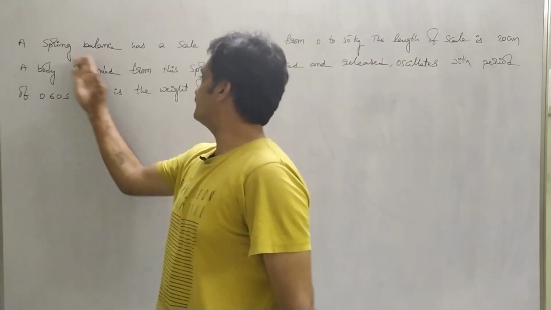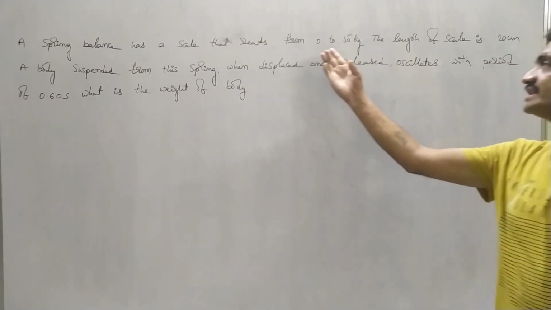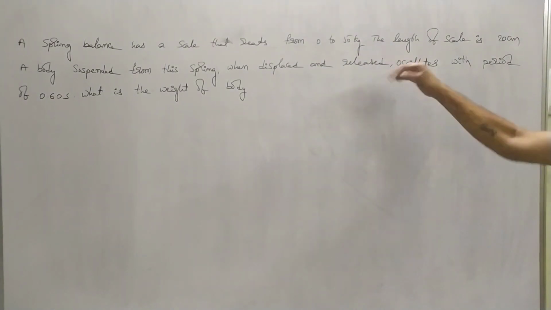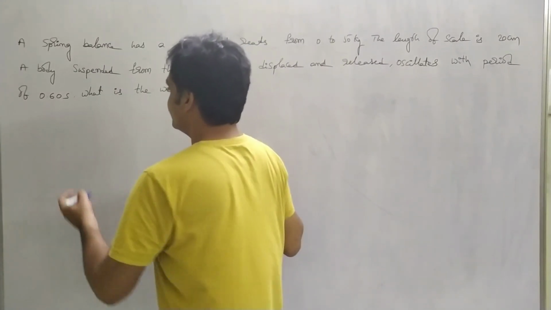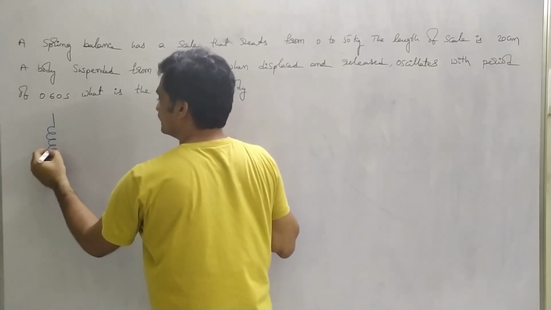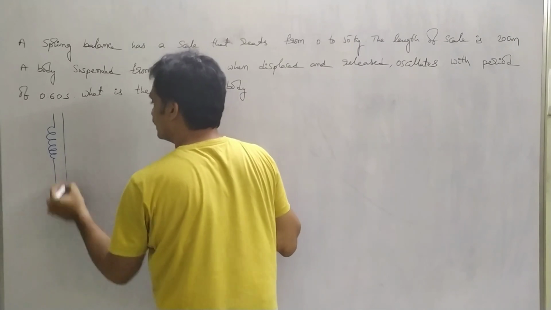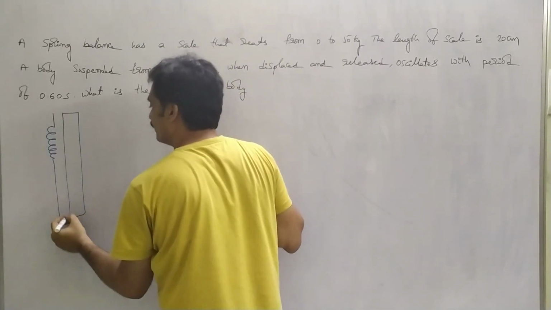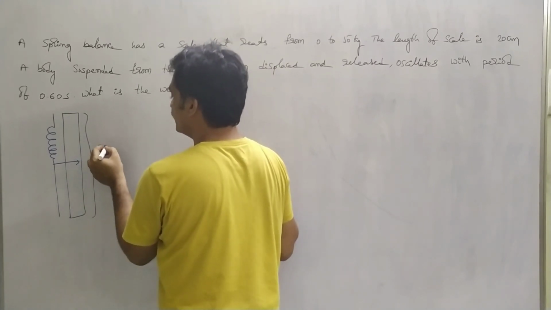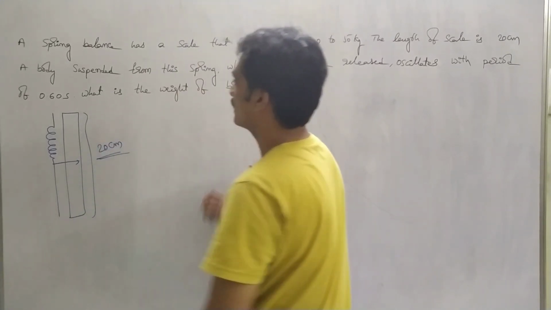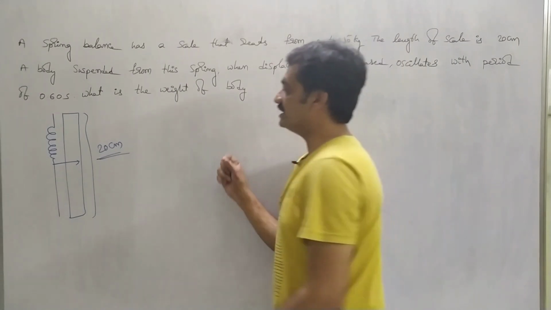The next problem is: a spring balance has a scale that reads from 0 to 50 kg. The length of the scale is 20 centimeters. Beside the spring balance we have a scale which can read from 0 to 50 kg, whereas the length of this scale is 20 centimeters. A body is suspended from this spring.